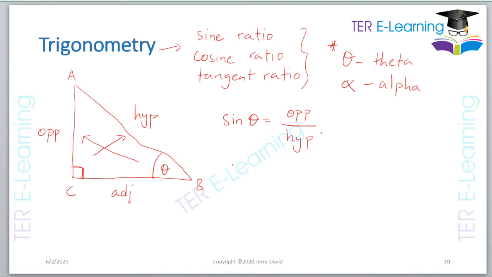Now we have something called cosine as well. Cos theta is equal to adjacent, ADJ, over hypotenuse. That's what the cosine ratio is. And the last ratio is my tangent ratio, which is tan theta is equal to opposite over adjacent.